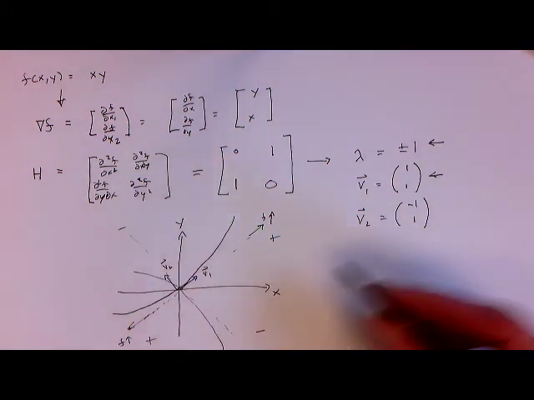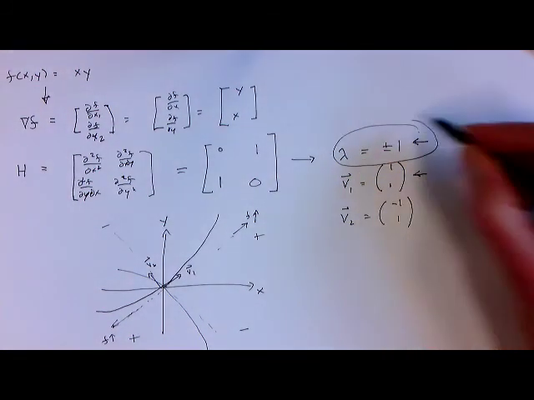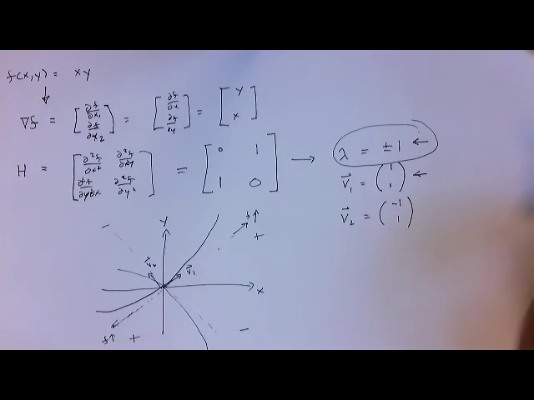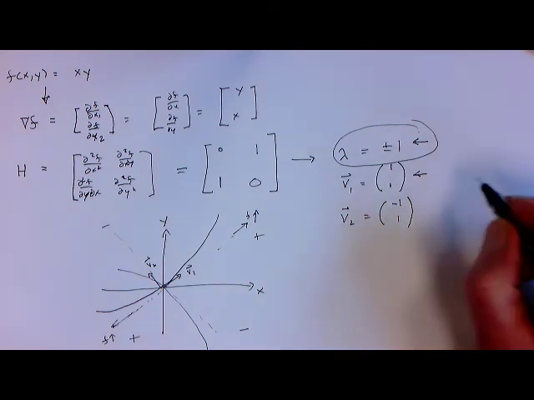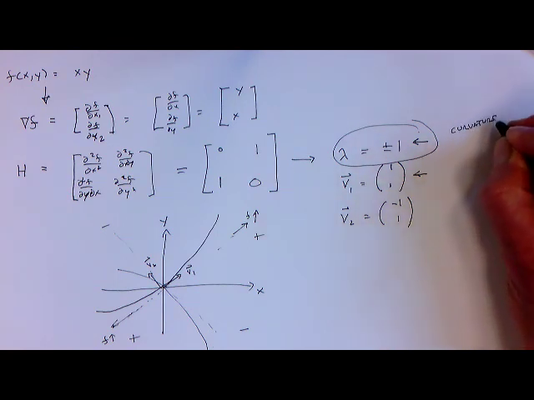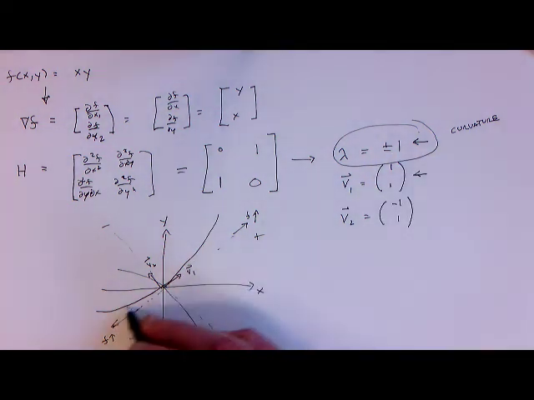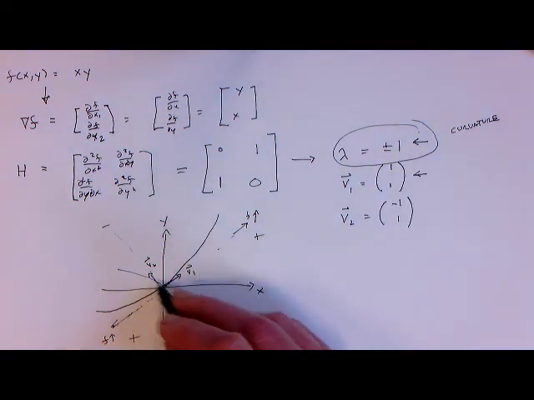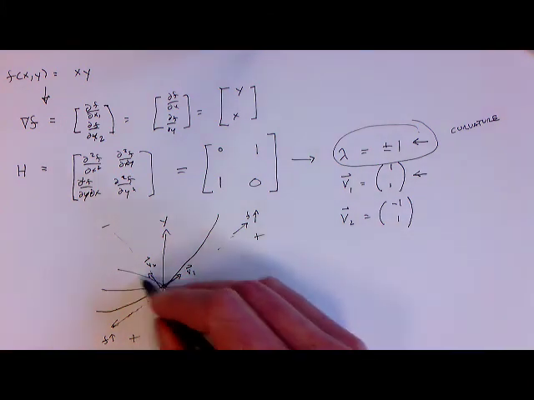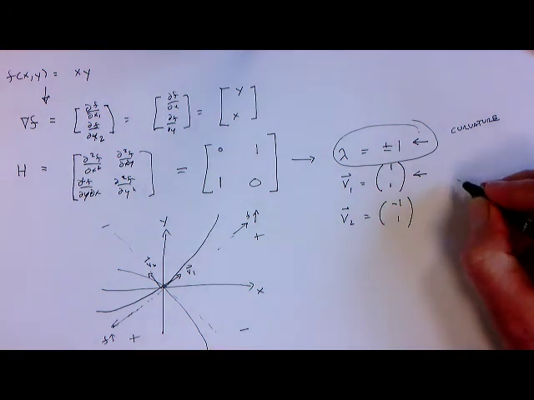And in fact, the eigenvalue is telling you about what the curvatures are along those directions. So the positive eigenvalue is telling you about the upward curvature? Right, so this positive one tells you that you've got positive curvature moving along this direction, and the negative one tells you that you have negative curvature moving along this direction. Sounds right.